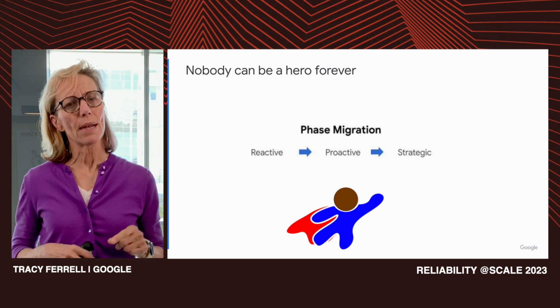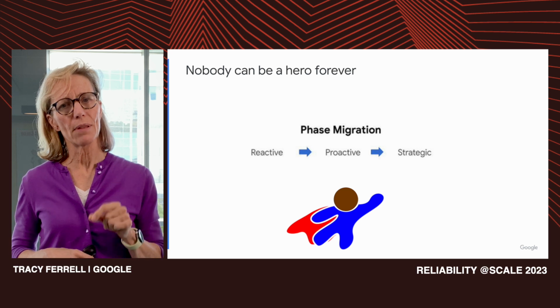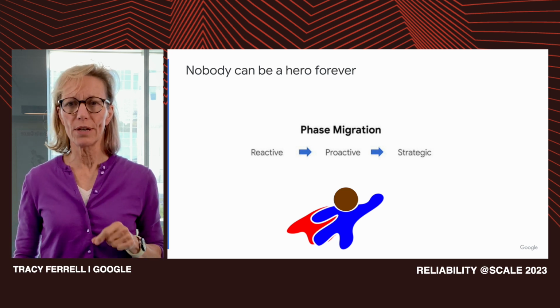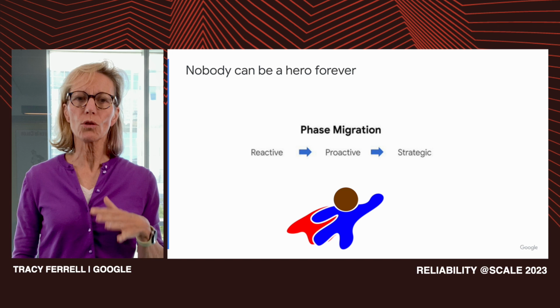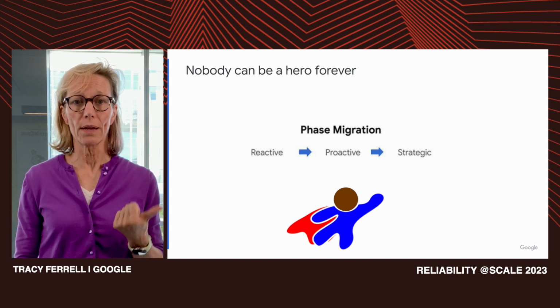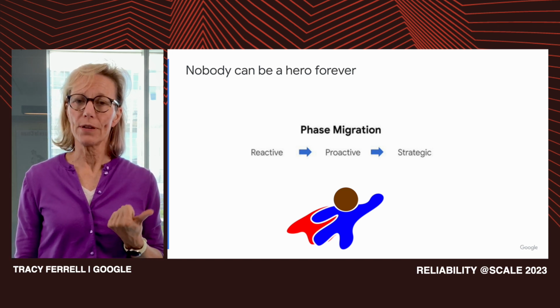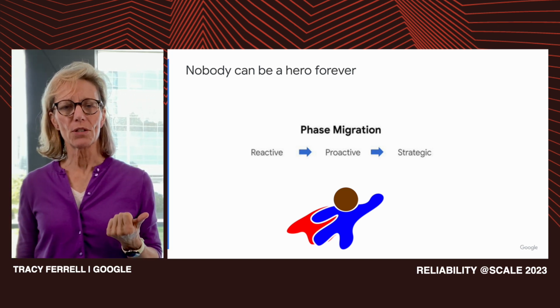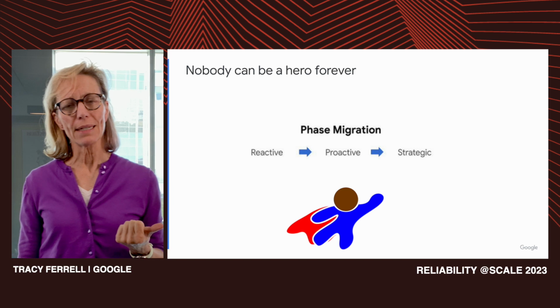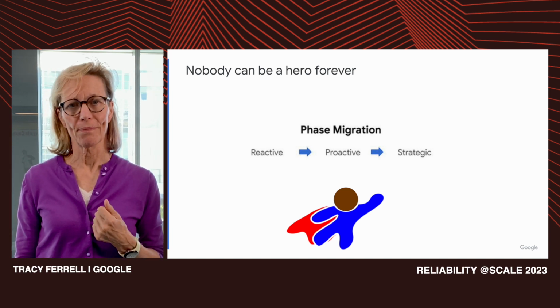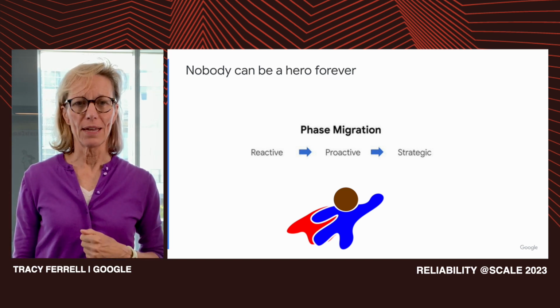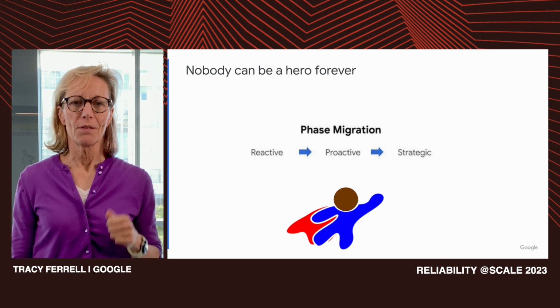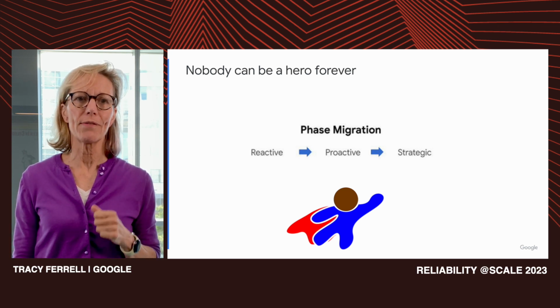The teams also recognized that to sustain reliability, they had to go beyond engineering solutions and implement cultural changes, including making reliability their number one feature, which you've mentioned many times. As a result, the organization evolved from a reactive to a strategic mindset. And inside Google, we actually have a saying that says no heroes, which means no one can be a hero forever.